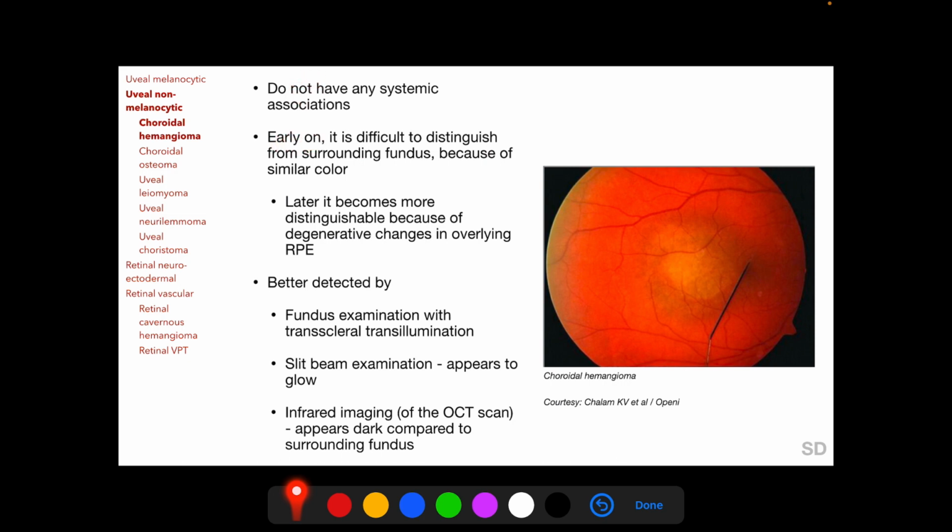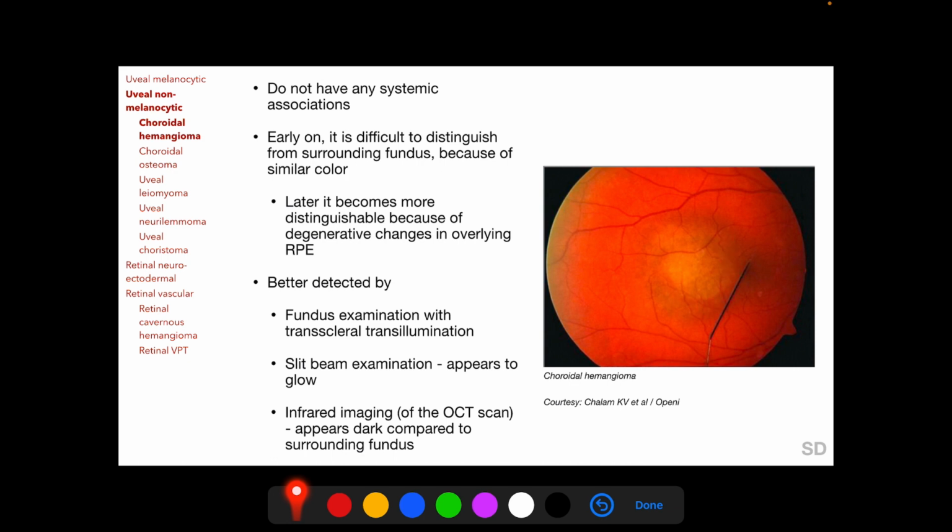Early on, a circumscribed choroidal hemangioma is difficult to distinguish from the surrounding fundus because of similar color. Later it becomes more distinguishable because of degenerative changes in the overlying RPE, as we see in this picture.